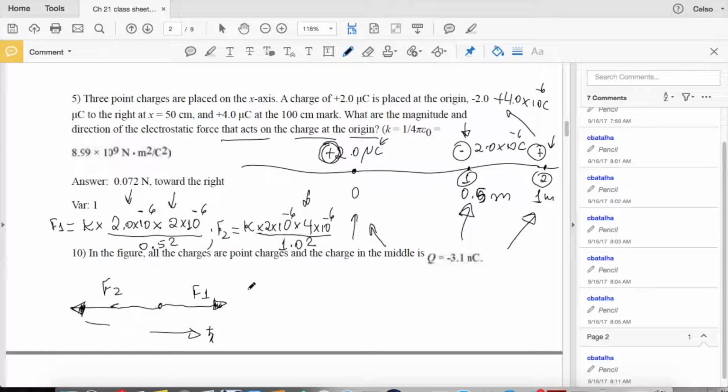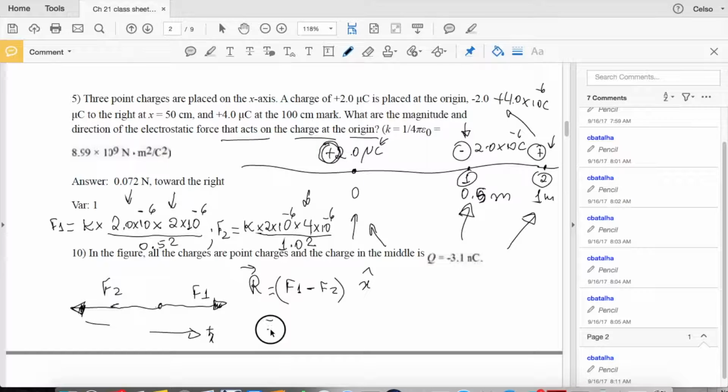So if I call to the right the positive orientation, then the resultant force, which is what we want to find, is given by F1 minus F2 in the positive x direction.